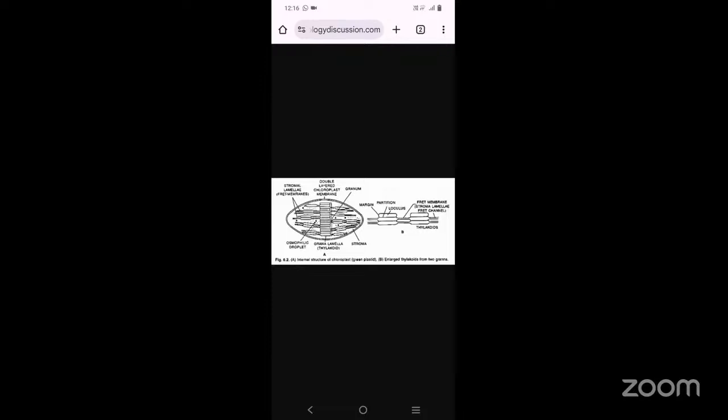Now, coming to the nature of light. The source of light for photosynthesis is sunlight. Already discussed that one. Sunlight is a form of energy that travels as a stream of tiny particles.